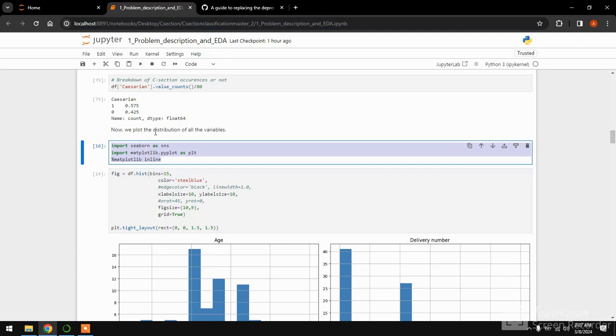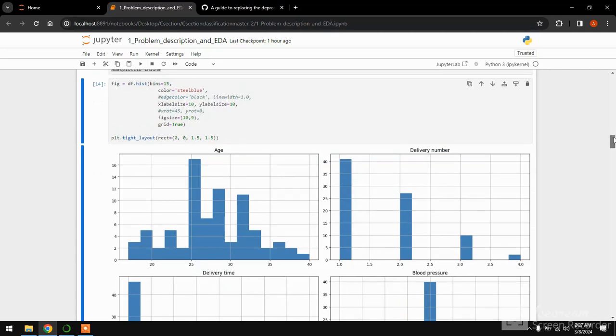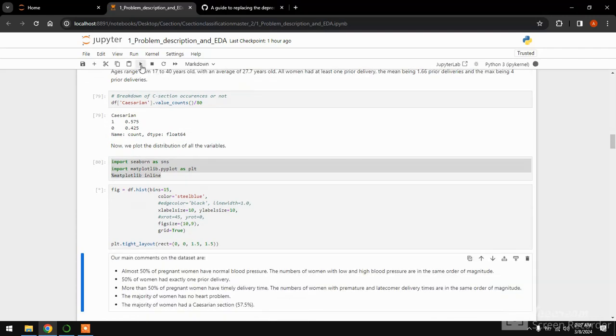Now we need to make an export of what our dataset really looks like, using graphs and charts, line graphs, whatever we can, to try to elaborate as much as we can on what is really going on.